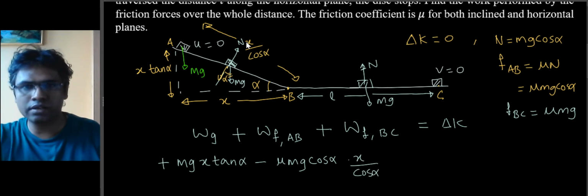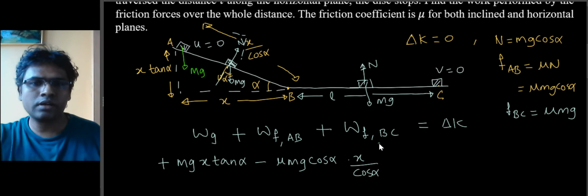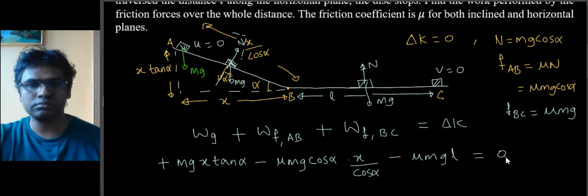Sorry for this clutter here. So this is the force right here, and x by cos alpha is the displacement on the incline. And work done by friction from B to C is again minus mu mg into L. Now this entire thing is anyway 0.